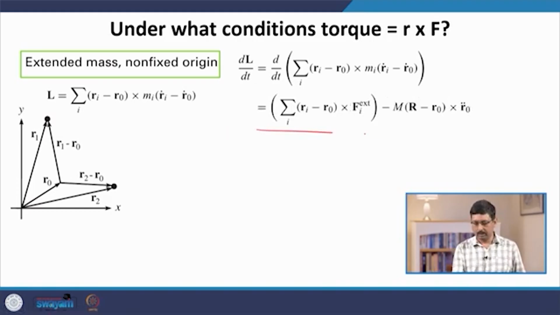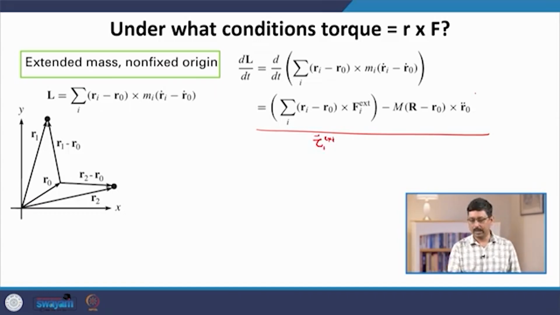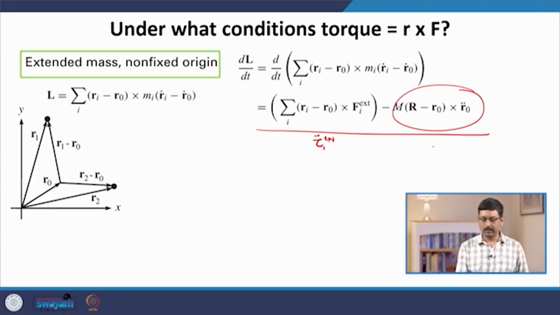So, this is what is written in a neat way here. So, we see that dL/dt is not only the tau external as before, but has some extra term, and only if this extra term is 0, then we get the relation that dL/dt is equal to r cross F. So, this is the r cross F term.